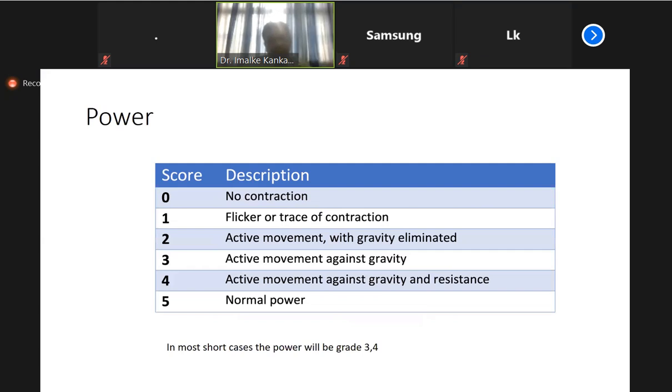Now, this is a $1 million question for you all when it comes to the exam. How do we say power of a child in neurology exam? For this, you should have examined 100 children for lower limb power to say what is normal.